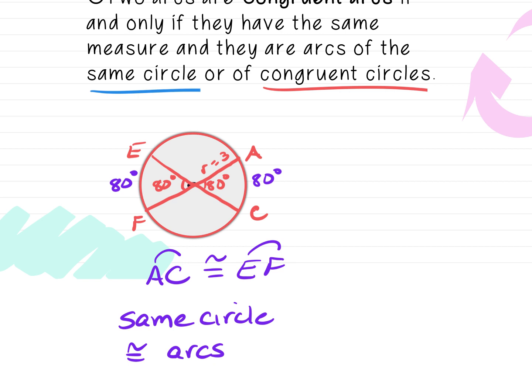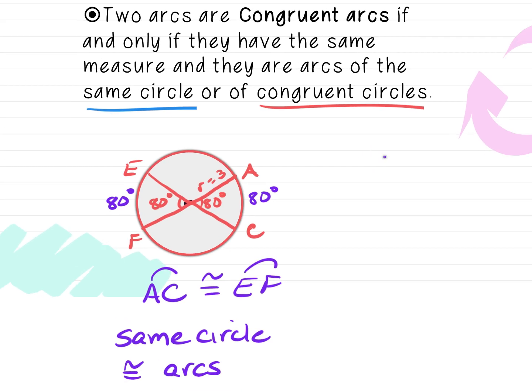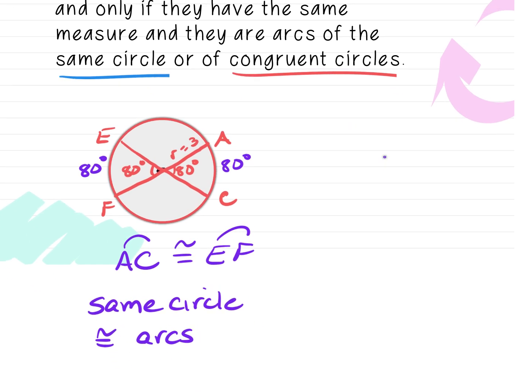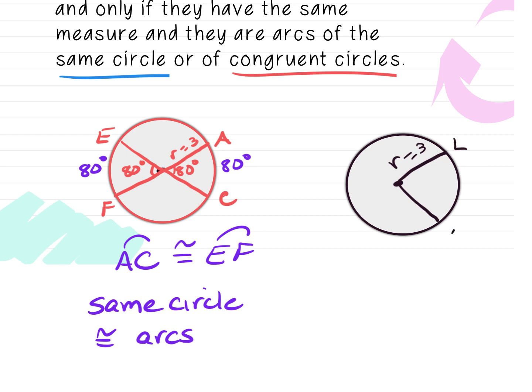Now let's say we have a different circle. So let me draw another circle right next to it. And let's say I label this one also with a radius length of 3. And let's call this LM. And again, my figures are not drawn to scale.